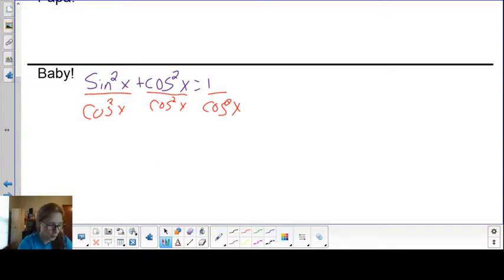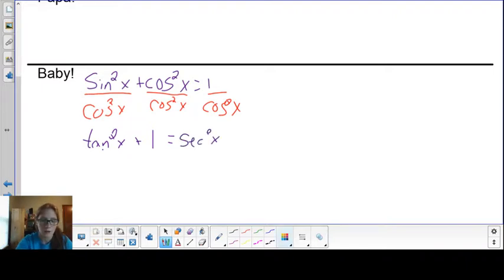Sine squared over cosine squared is tangent. Cosine over cosine is 1. And 1 over cosine is secant.